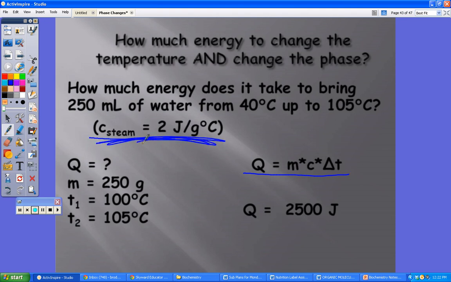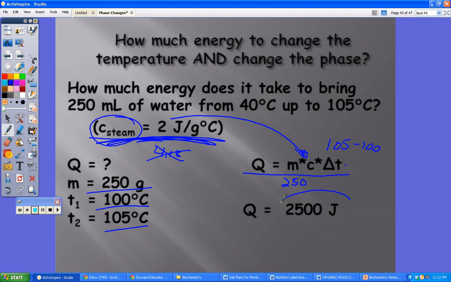Water was 4.18. We cannot use that anymore because it's in the form of steam. So the C value is a little bit different. It would be the same thing for ice. But our mass doesn't change. The temperature is still 100 to 105, so you have 105 minus 100. When you solve with the mass as being 250, you get 2,500 joules for that small temperature increase.